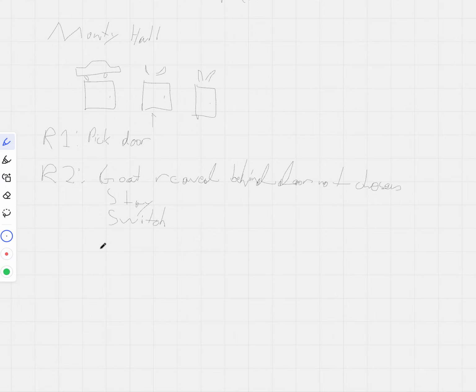Well, let's apply Bayes' theorem to this problem. Let's say event A is the event the goat is behind door 1. I'll just mark it as D1. And event B is host reveals a goat.